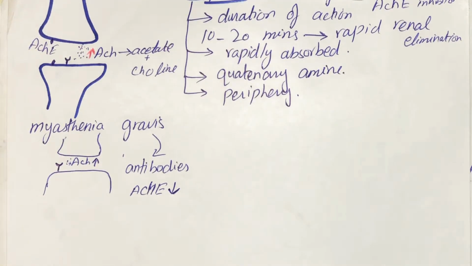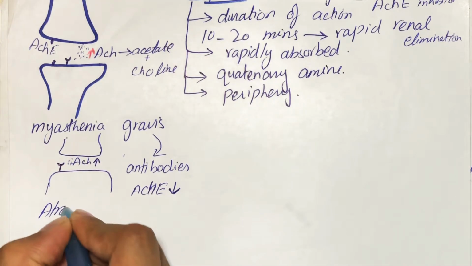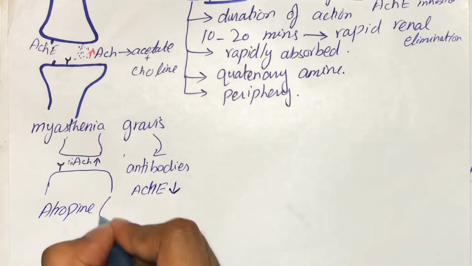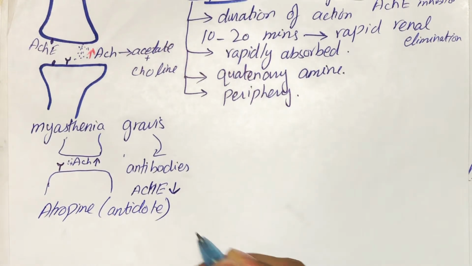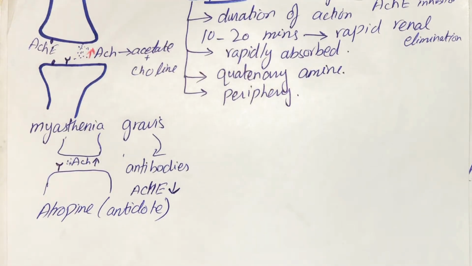But care must be taken because excess of this drug can also provoke a cholinergic crisis. Therefore, we also should have atropine along with us while giving Edrophonium to our patient, because atropine is actually the antidote of this Edrophonium.